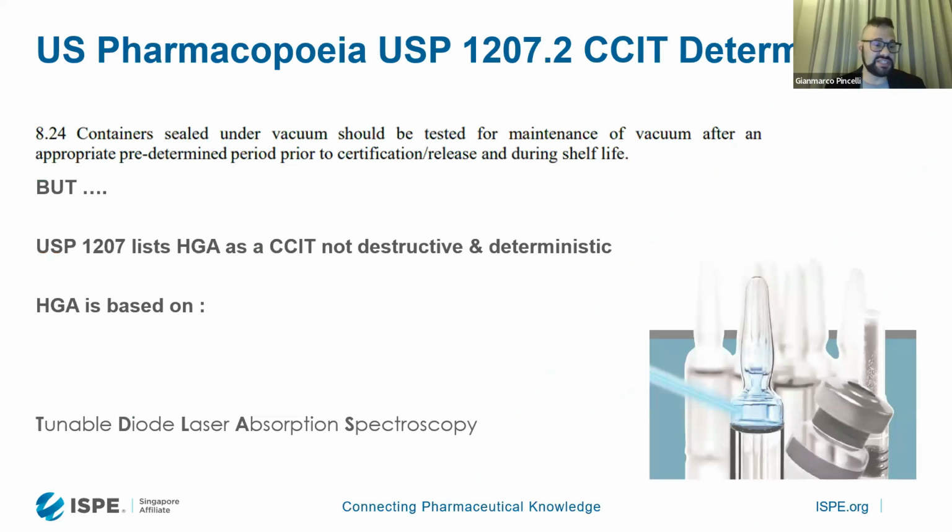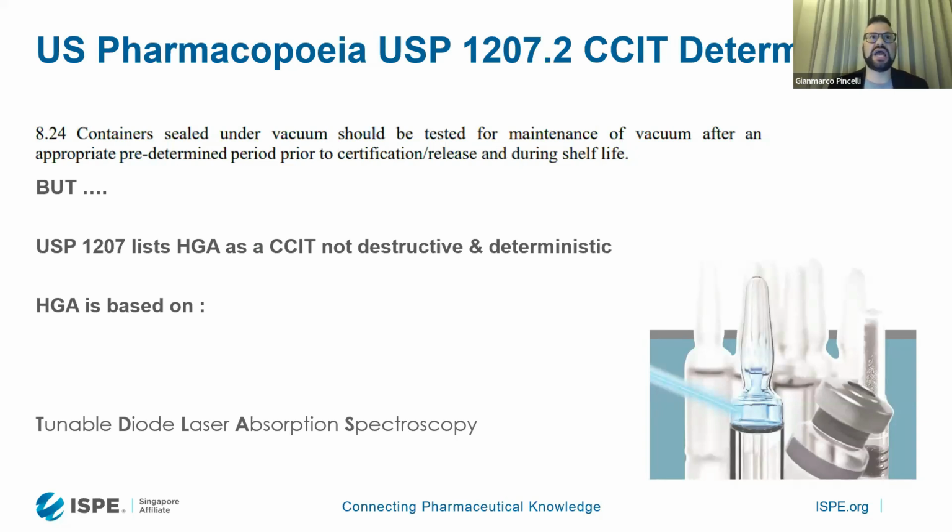Headspace gas analysis is based on TDLAS, tunable diode laser absorption spectroscopy. It is listed as a CCIT, as a non-destructive method. But we can say that it's a technology that can be applied as a CCIT just in some special cases, not in all cases.